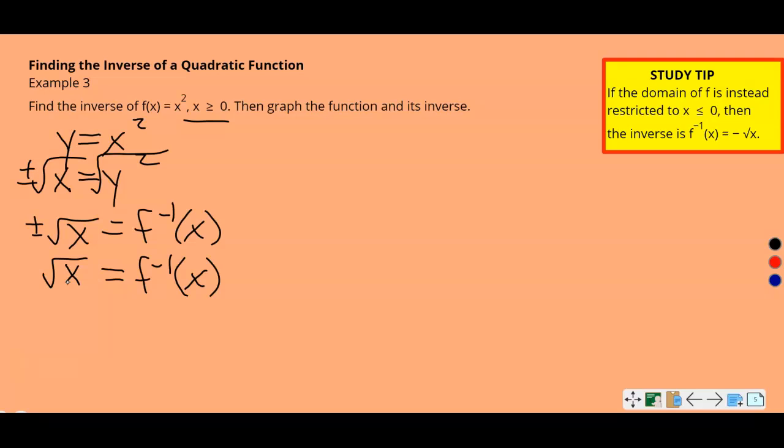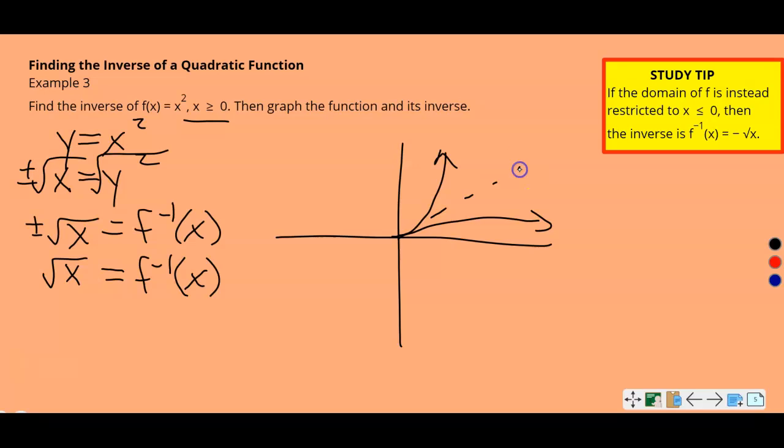All right, so let's graph this. So we know that the parent quadratic function, where we only want x greater than or equal to 0, is going to look something like this. And we know the square root function is going to look like this. And then, of course, you've got that dotted line, y equals x here, to represent the reflection line.